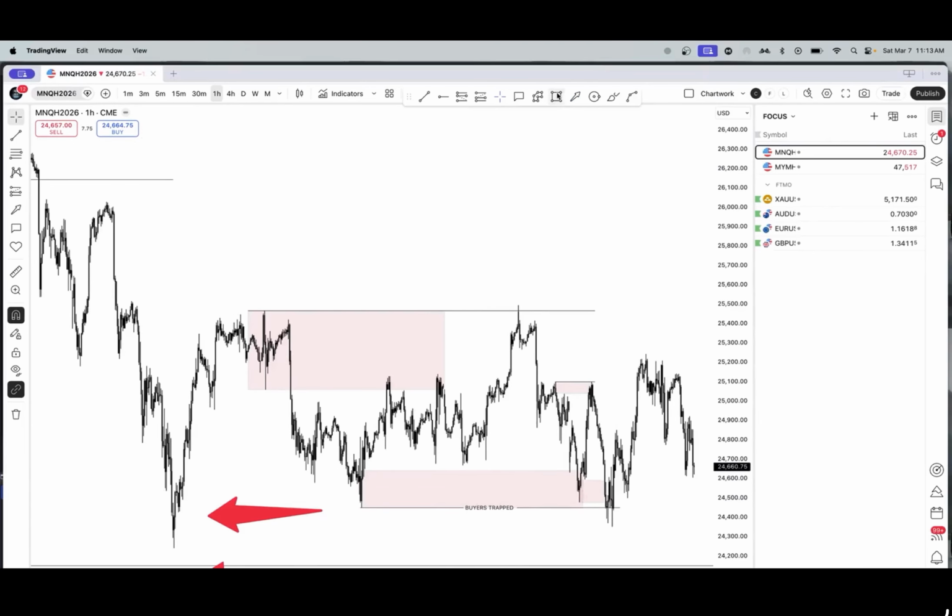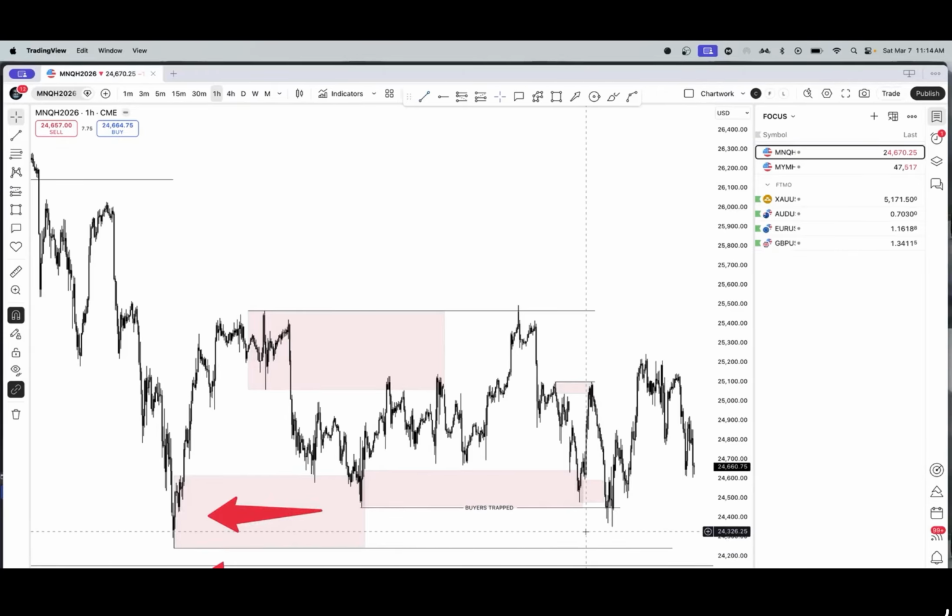So if we're looking at it from a liquidity standpoint, price has respected this area, induced buyers off of that, which caused that move up. So therefore, we still have all this resting liquidity below this low. Just because we've taken out those buyers, that doesn't mean we want to buy.